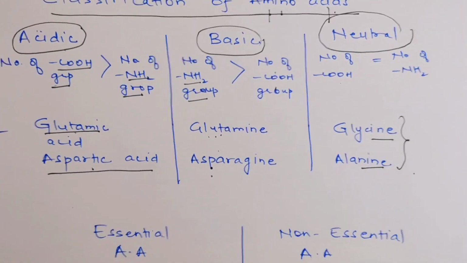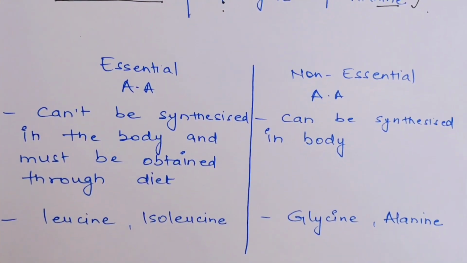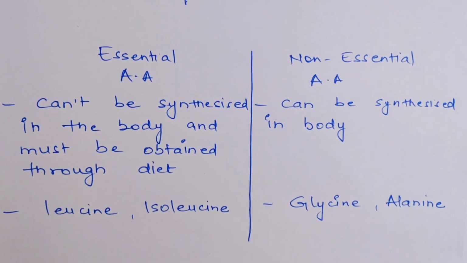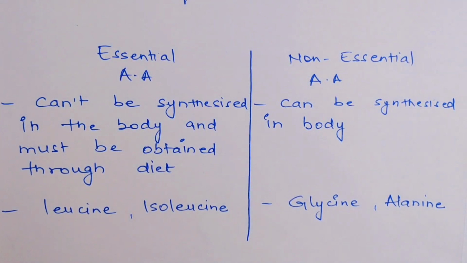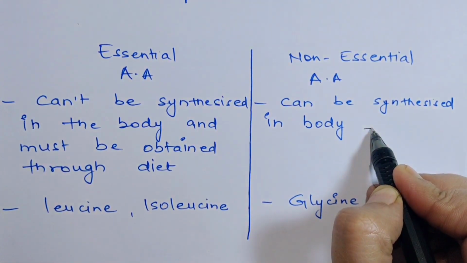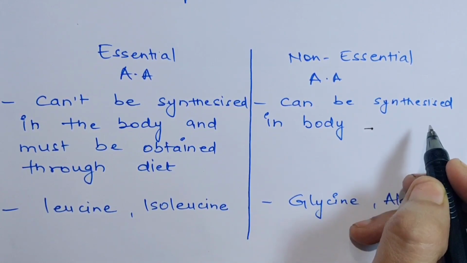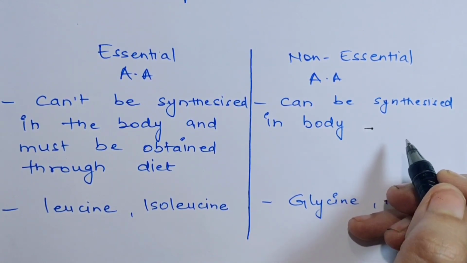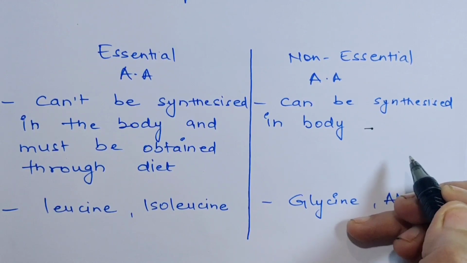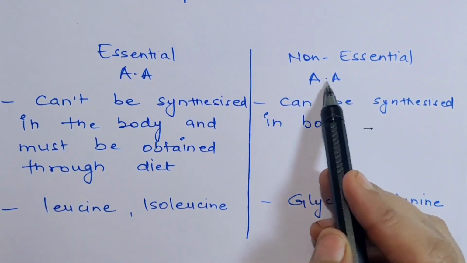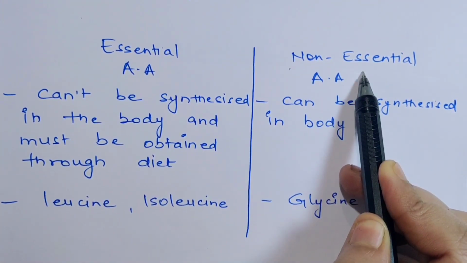The next categorization is on the basis of whether these amino acids can be synthesized in our body or not. The ones which can be synthesized in our body, that means the ones which we do not need to take in our diet, are termed non-essential.